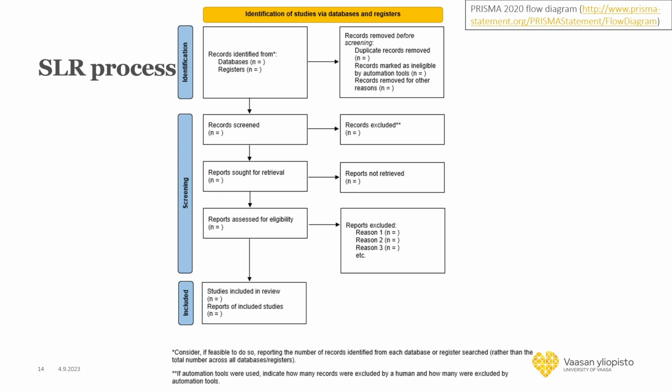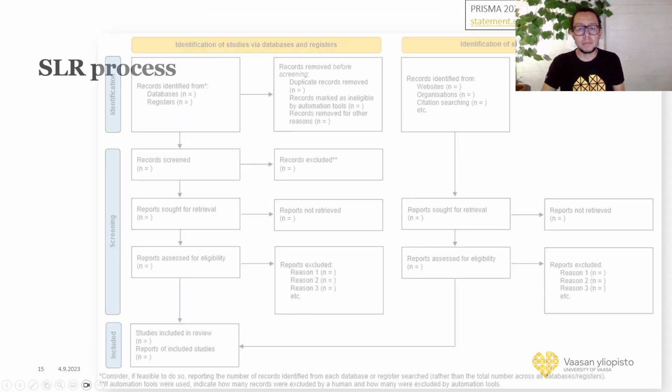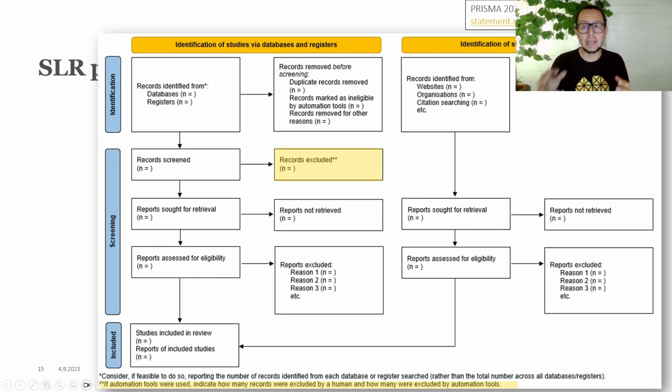That is when you use only specific databases. But when you use additional studies, for instance, when you are not only using databases or registers of those databases, you have to include another process. How was the identification of that?